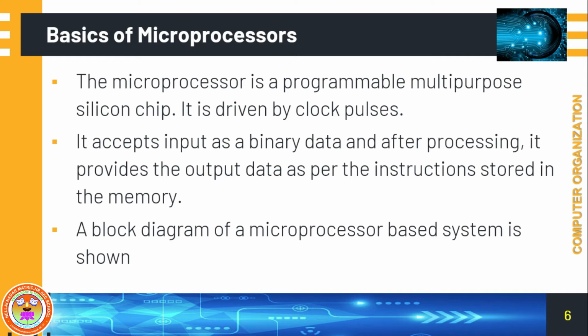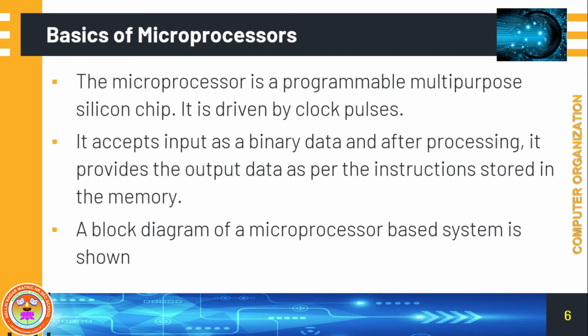As per the instructions we give, the output data should be stored in the memory part. Why are we storing it in the memory part? Whenever you give any type of input, the machine automatically receives all the instructions from the user, processes them as per the instruction, and stores them in the memory part.